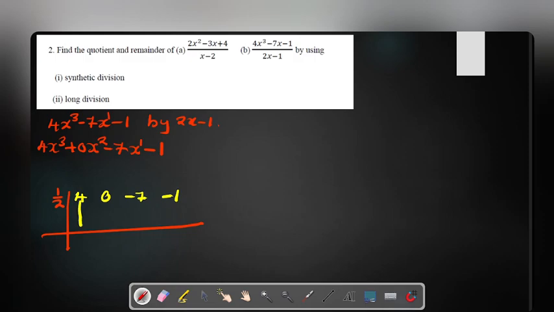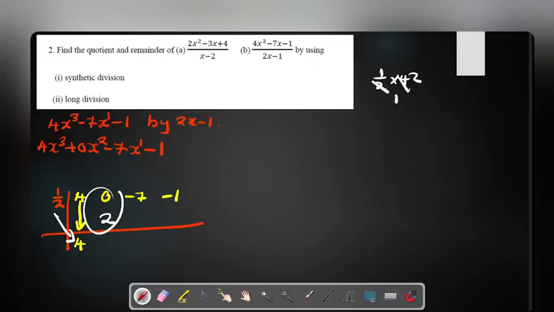So the first procedure, we drop the 4 there. Then we start multiplying. We're saying 1 over 2 times 4. What are we getting? 2 into 2 is 1, 2 into 4 is 2, so the result here is 2.